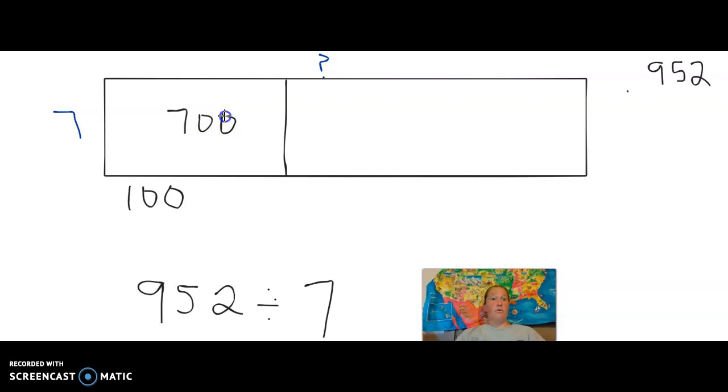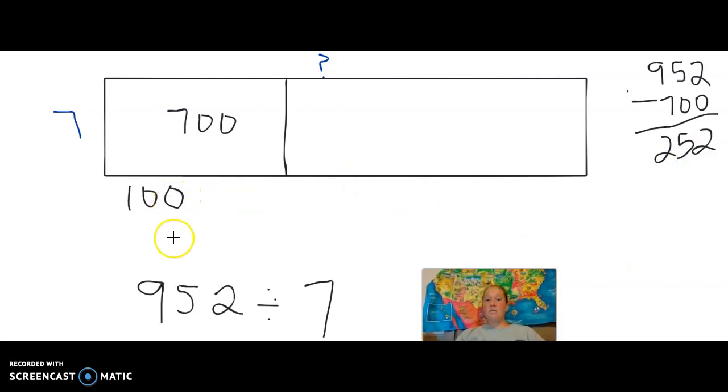Okay? So we use 700 of the 952. So we're going to subtract it to see what we have left. Okay, perfect, 252 left over.